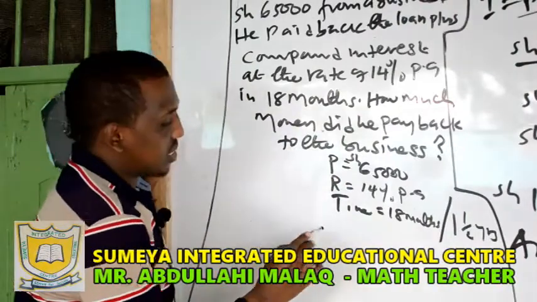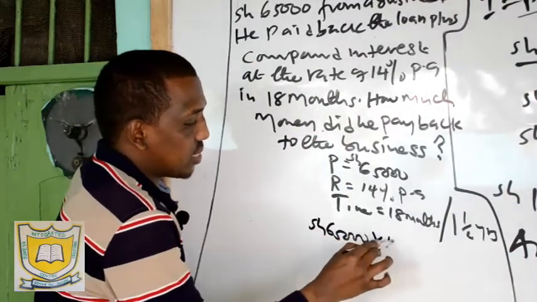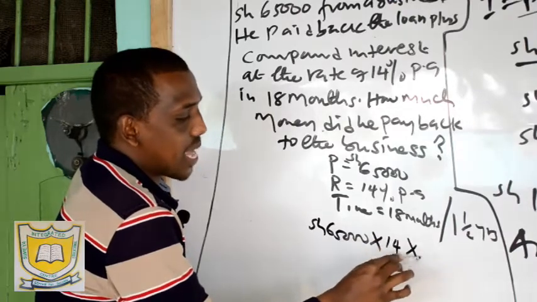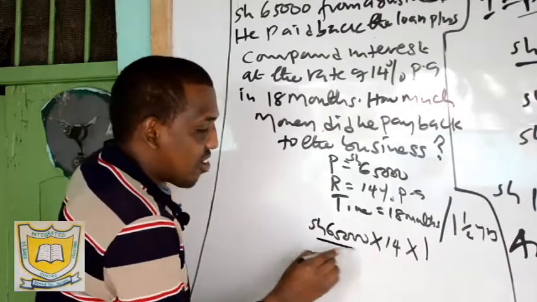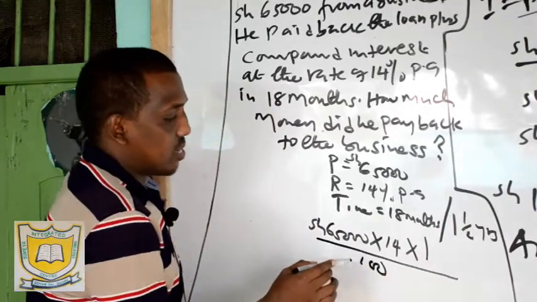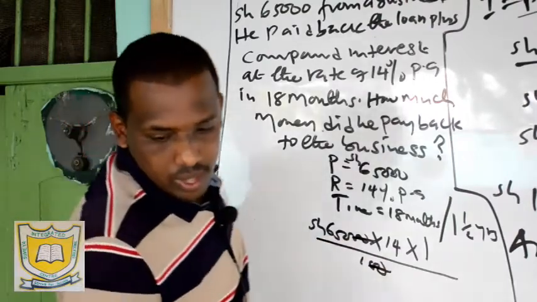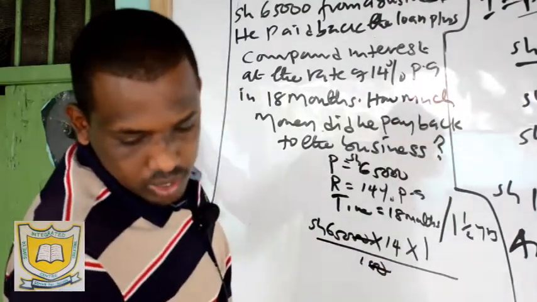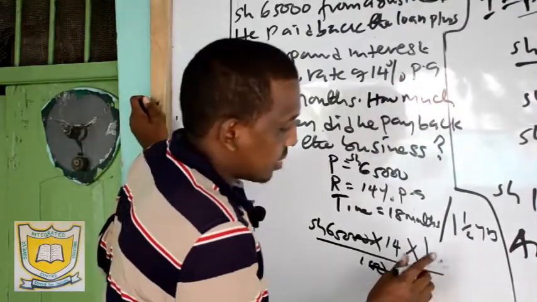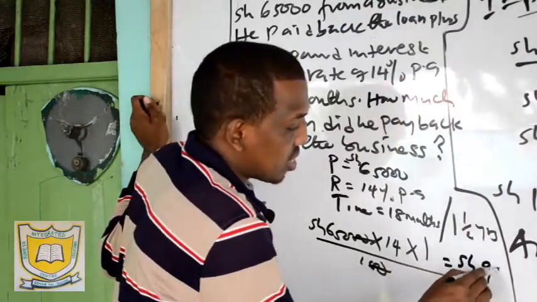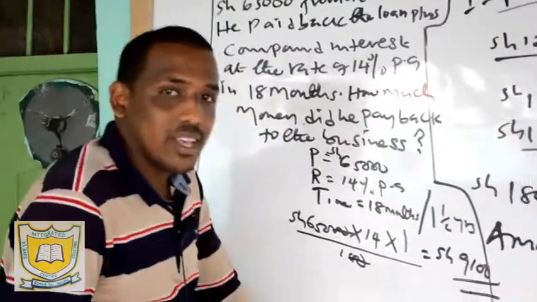Principal, which is 65,000, times rate 14, times time, the first year, that's 12 months, all over 100. You cancel these two. Then you say 650 times 14. Here you will get 9,100 shillings. That is now the interest of the first year.